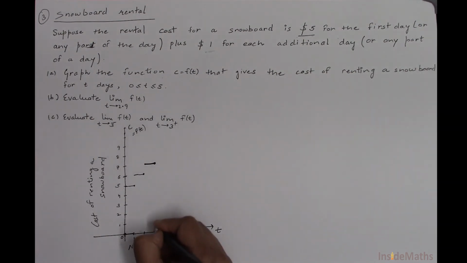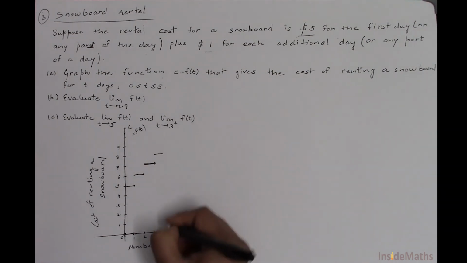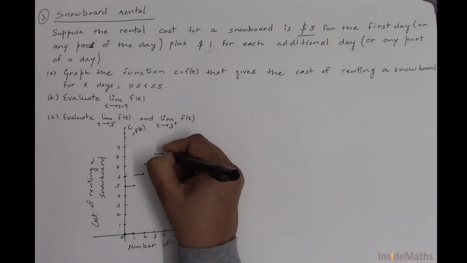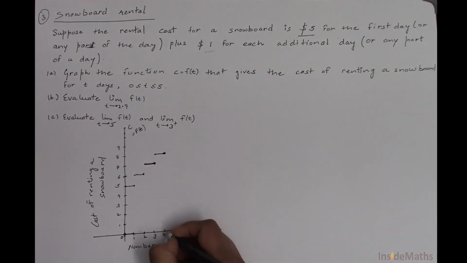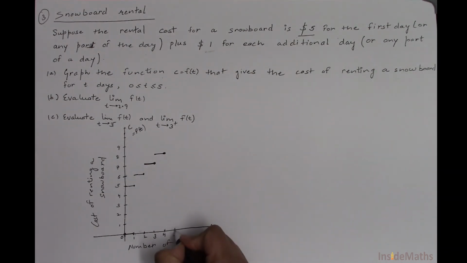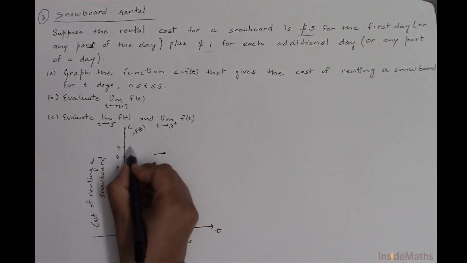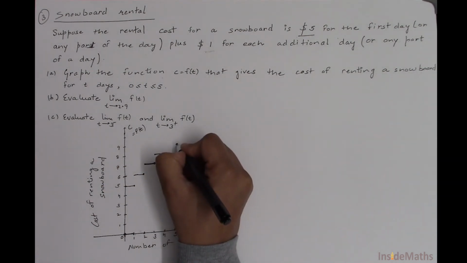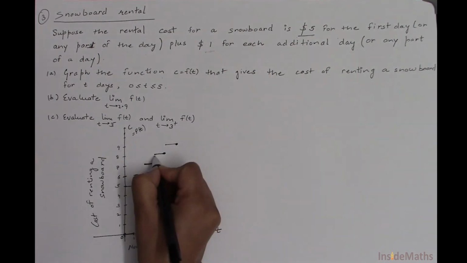When T is more than 3, then the cost will be 8. If it is more than 4 and less than or equal to 5, then the cost is 8 plus 1, that is 9.